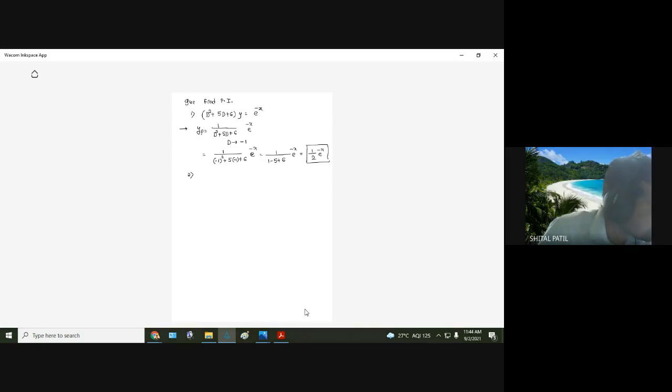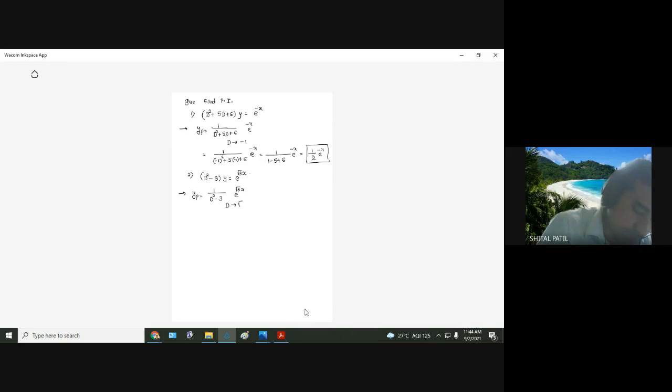Next. (D square minus 3)y equal to e raised to root 3 x. Let's solve. Y of p equal to 1 upon D square minus 3, e raised to root 3 x. What do we have to do?